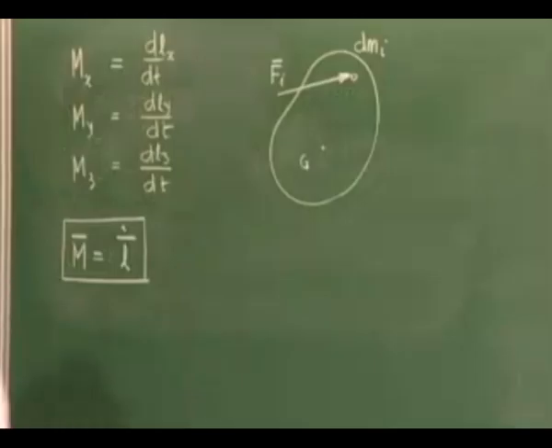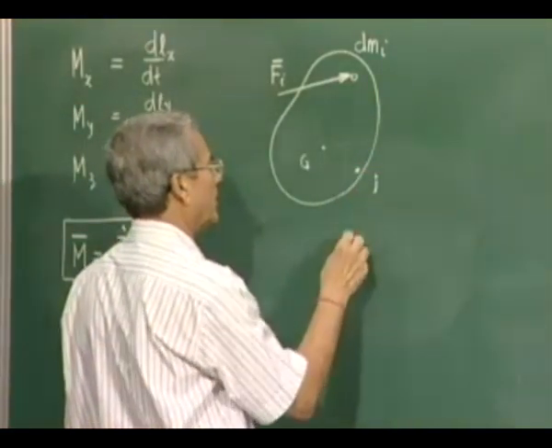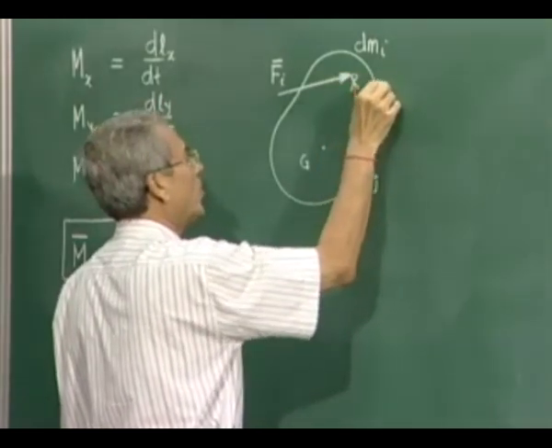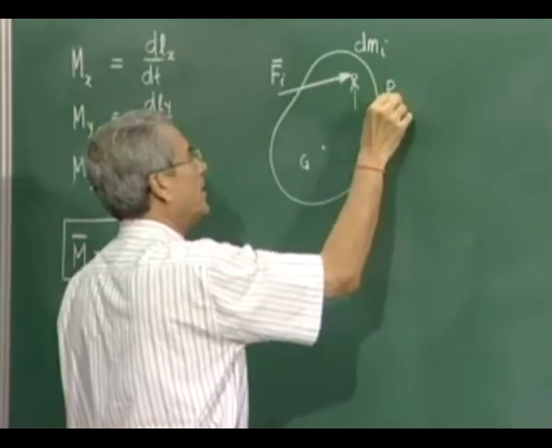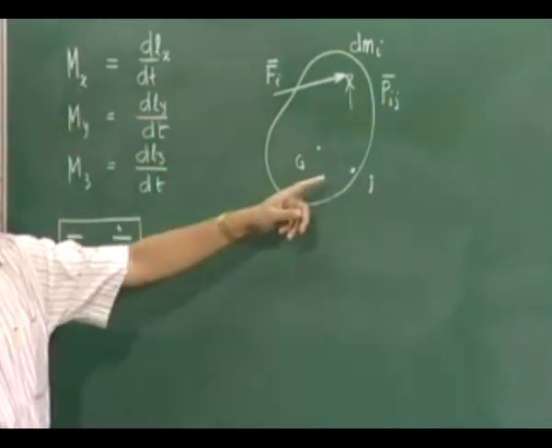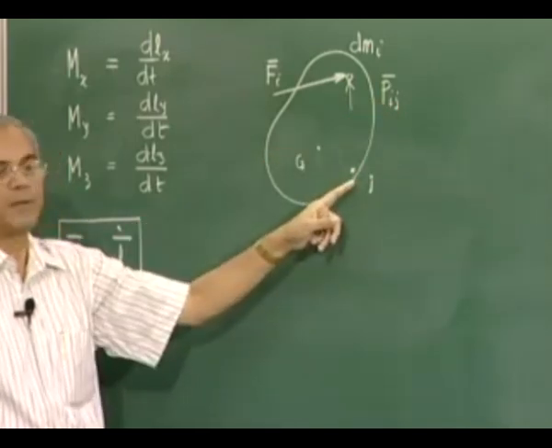So if we take a jth particle, then this will be subjected to a force which we call, say, Pij. It means that it is the force on this ith particle due to the jth particle.